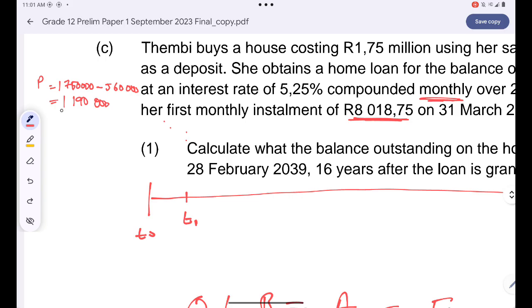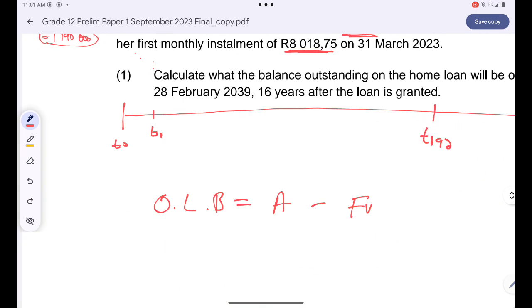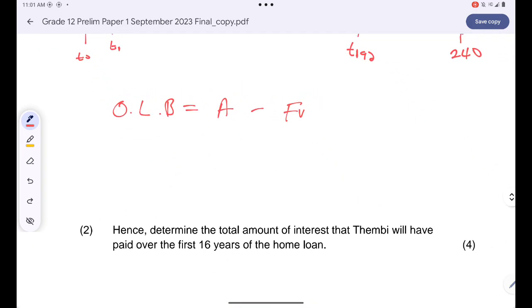So this is the value of the loan. I want to know how much is outstanding after 16 years. So A is basically P times (1 + i) to the power n, and the future value is x times ((1 + i) to the n minus 1) over i.